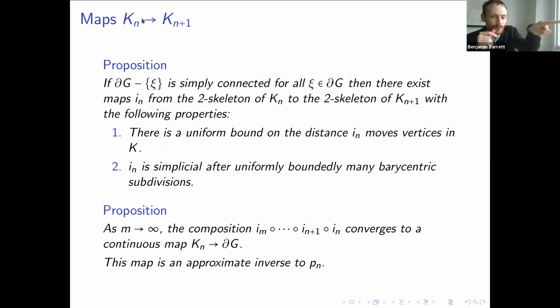So you're looking in a direction, which element of the group distance n from the identity are you looking at? And there are only finitely many of those. And as you go further and further outwards, these radius n things give you more and more information about the directions that you could look in. And so the space of directions up to radius n looks more and more like the space of directions all the way out to the boundary.